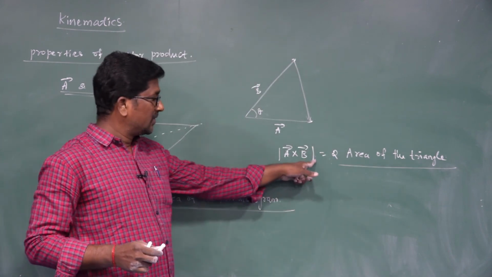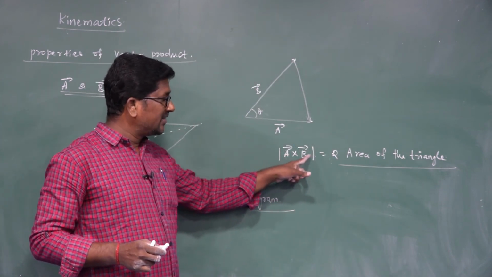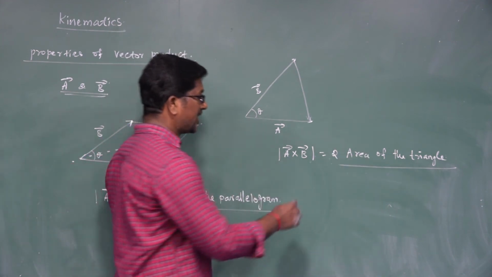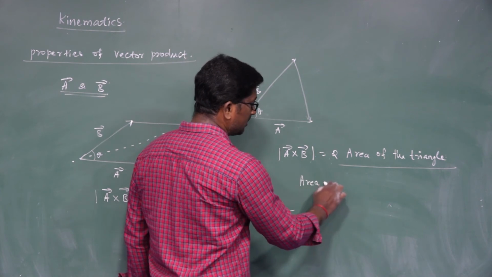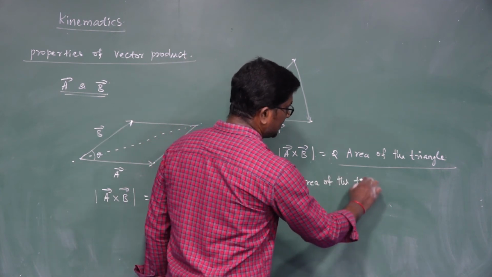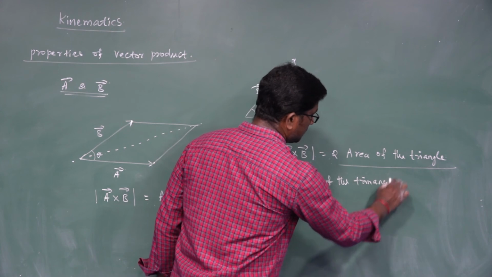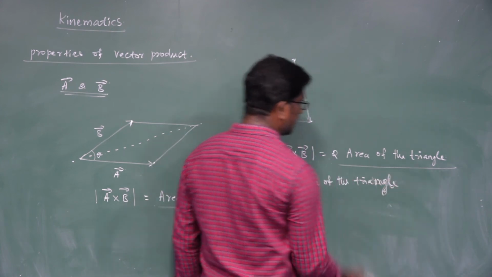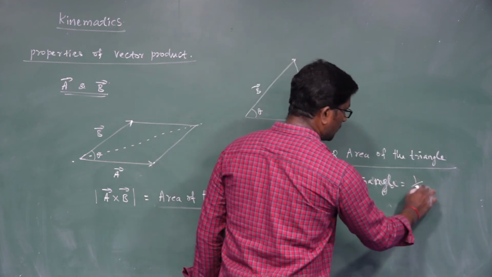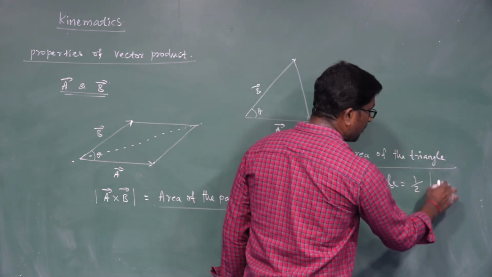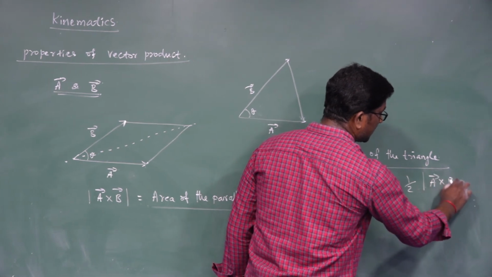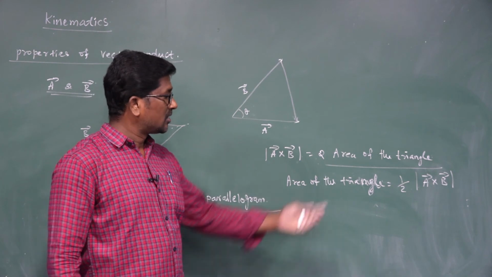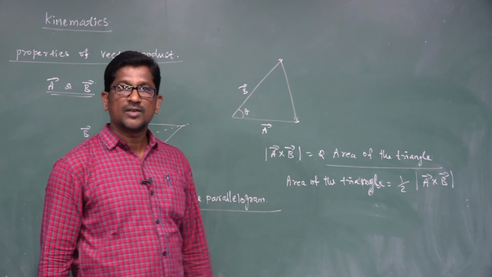So the area of the triangle is equal to half of the modulus of the cross product of the two vectors.